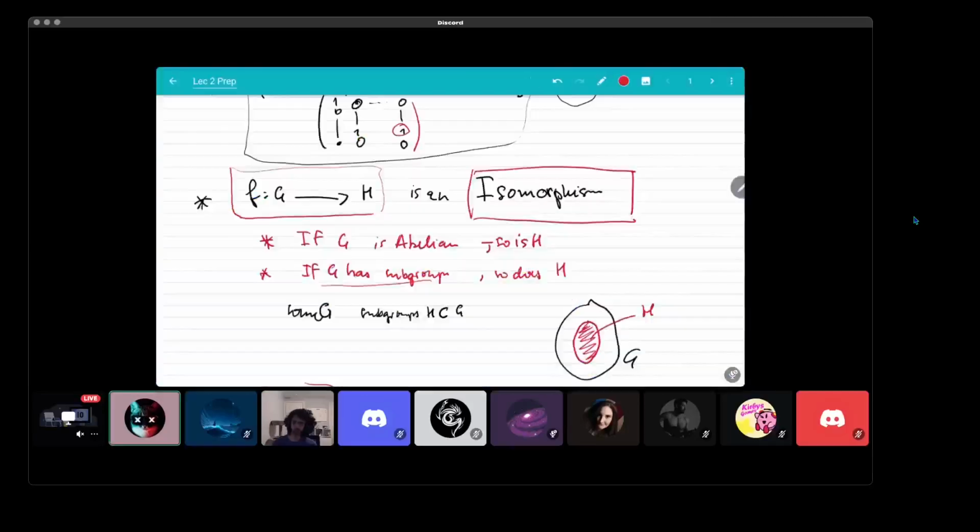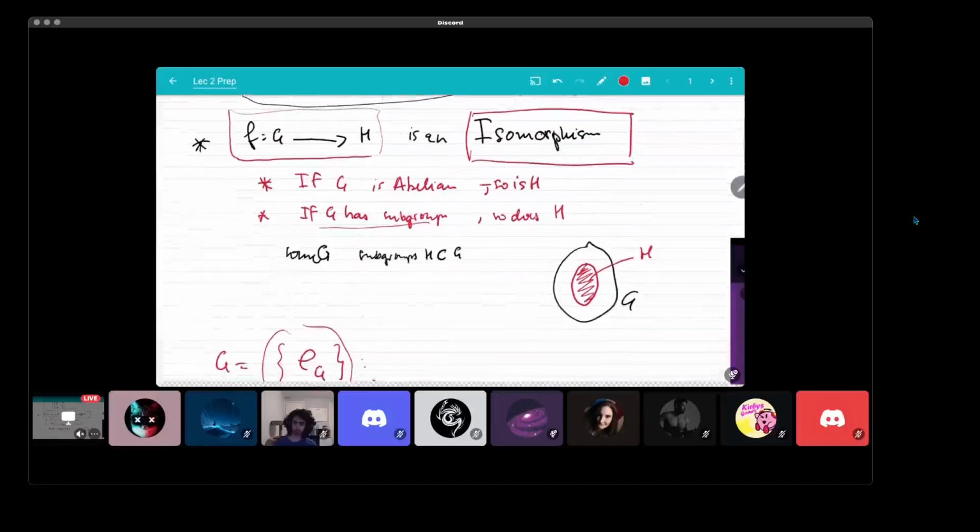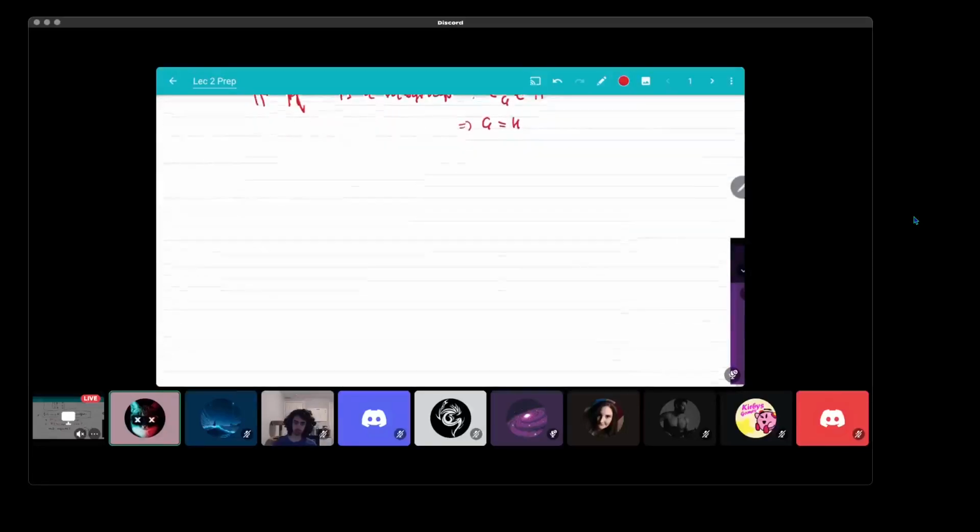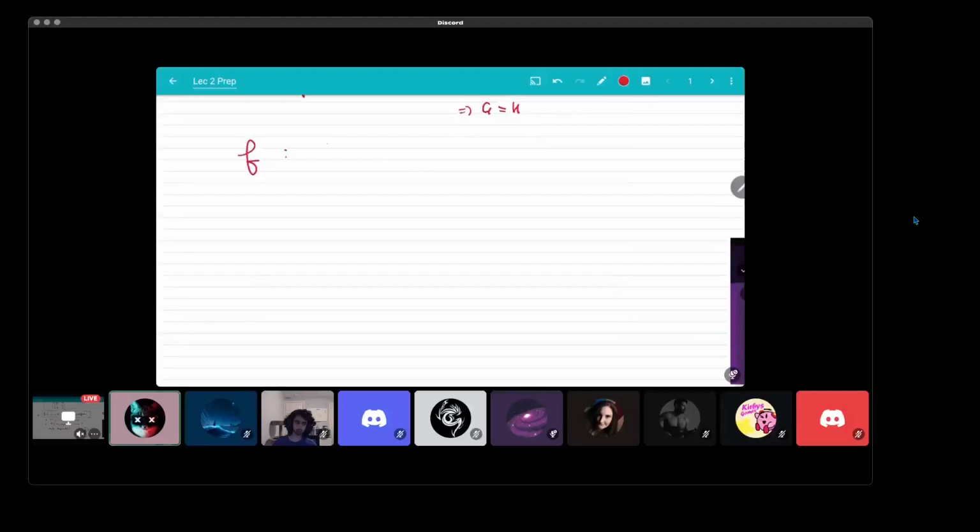All right. So the counterexample was if H was the identity group. Note that this is an isomorphism. So if we have an isomorphism from G to H, do I understand clearly that if H was just this, is this what's been asked?